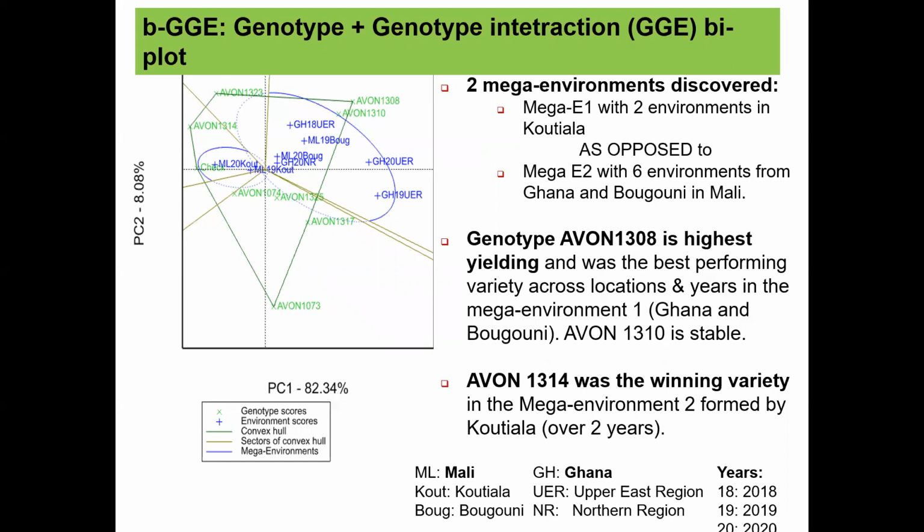Genotype AVON1310 had higher yield in Ghana and Bougouni, and was the best performing variety.